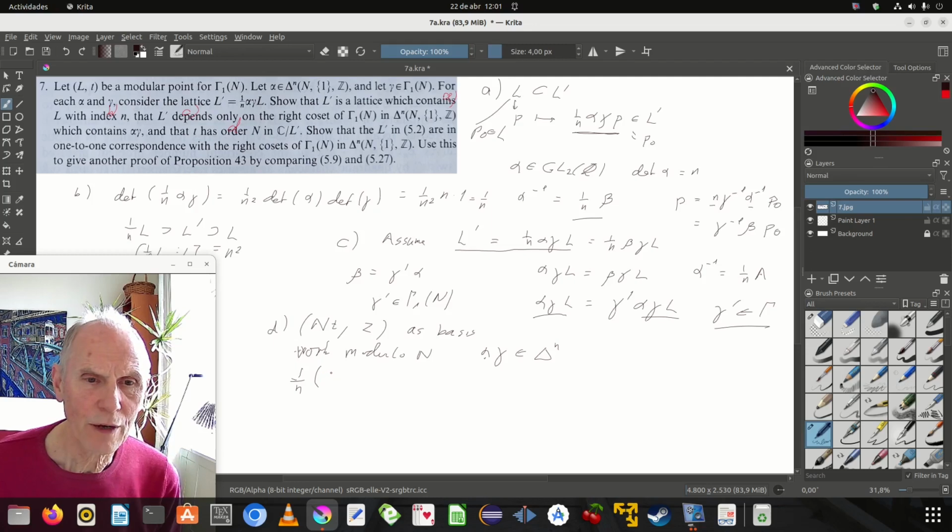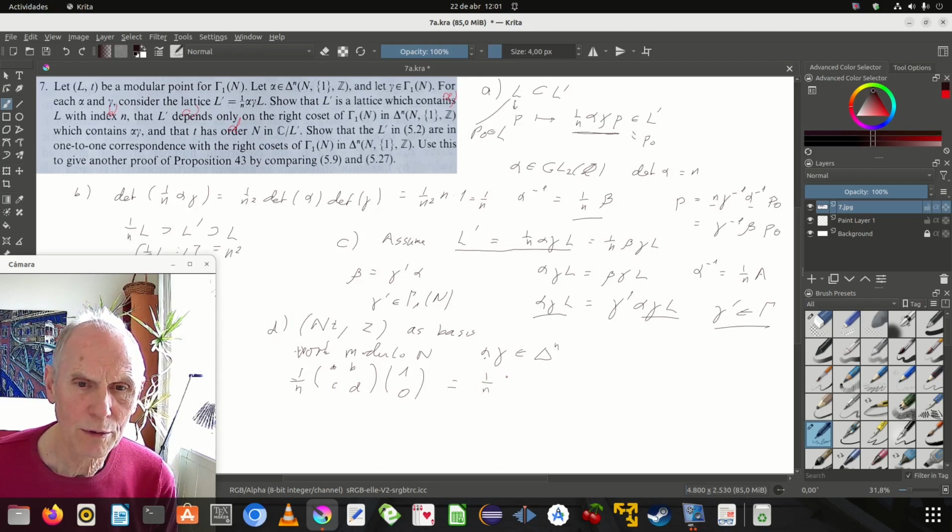So alpha gamma, let it have A, B, C, D, and we map 1, 0. So it's A, C modulo n.